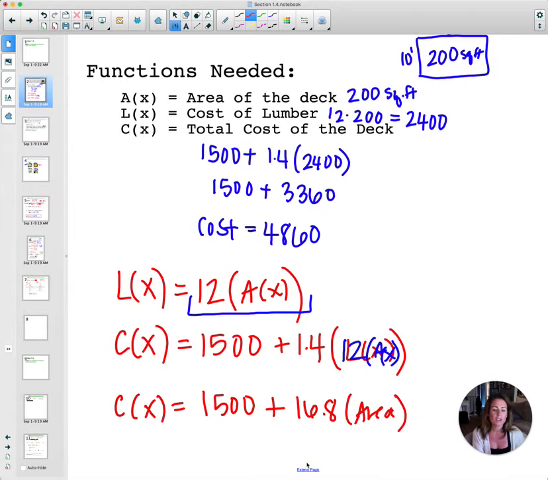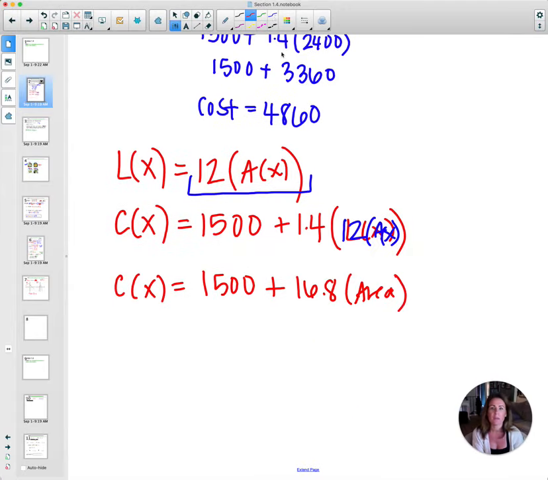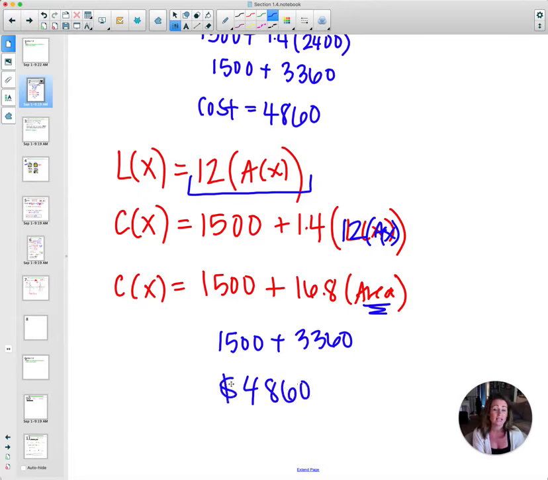So if somebody calls us up and says they want a deck built and it's going to be 200 square feet, you could just plug the 200 in here instead. 200 times 16.8 gets you directly to that 3,360 number we saw yesterday, which, added together, gets you to the cost of the deck without having to do 12 times the lumber, then 140% of the lumber, and then adding the 1,500.